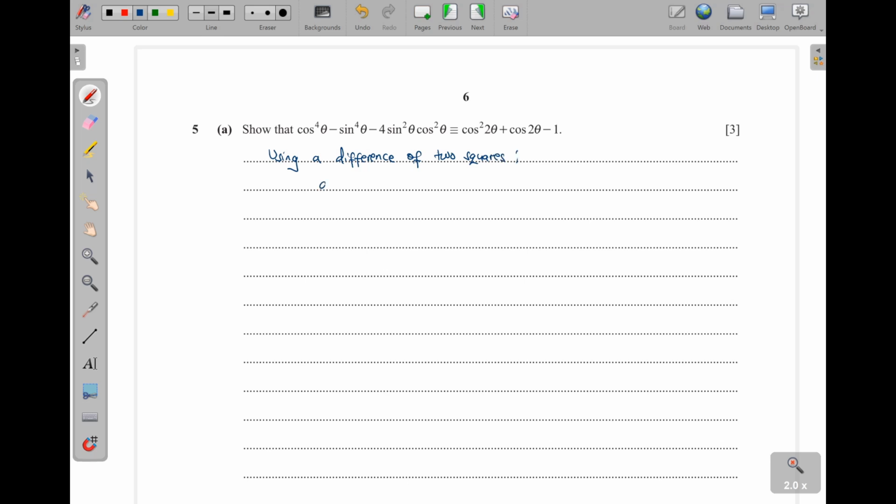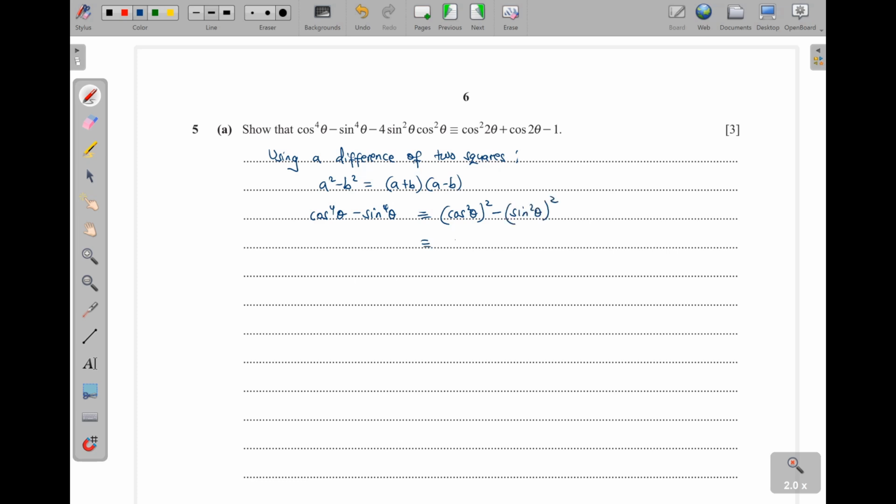And this one states that if I have a squared minus b squared, this is the same as a plus b, then into a minus b. So I'll have my cos power 4 of theta minus sine power 4 of theta. It is actually the same as saying cos squared of theta squared, then minus sine squared of theta squared.